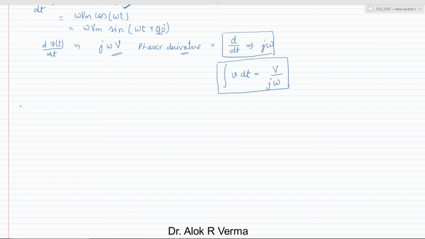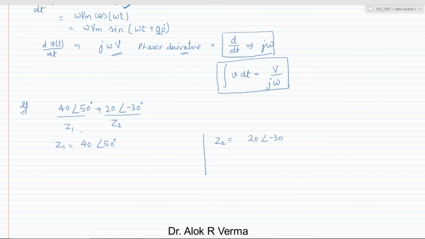Now, for example, consider two phasors or complex numbers. Suppose 40 angle 50 degrees plus 20 angle minus 30 degrees. Now you have to add. These are the two numbers, z1 and z2, where z1 is nothing but 40 angle 50 degrees, and z2 is 20 angle minus 30.